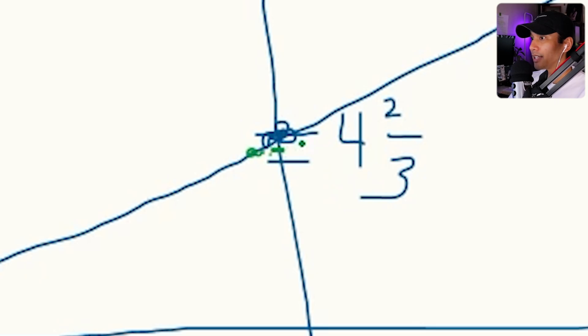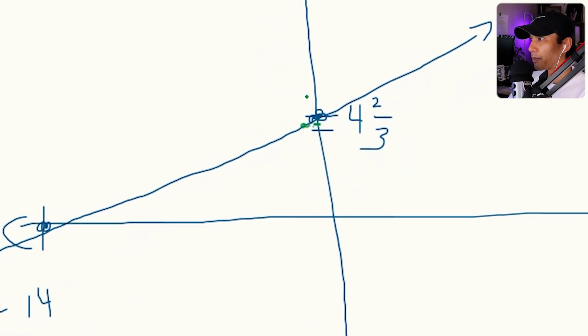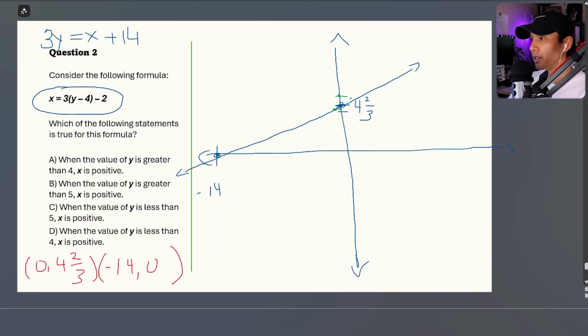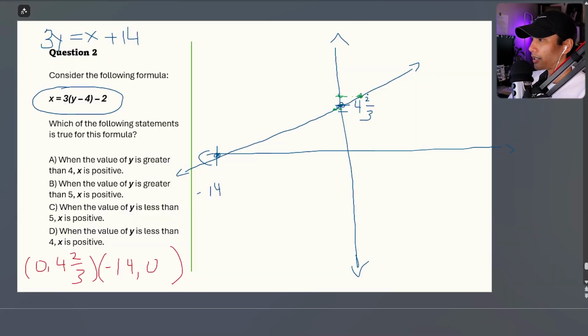It's not until we choose a number like 5, which is also greater than 4, that it flips to positive. What I'm trying to say is you have to watch out for stuff like this, because there's a little portion of the graph where our x value is negative, and then it becomes positive when we go above the 4 2/3. That's really all you need to know for this.